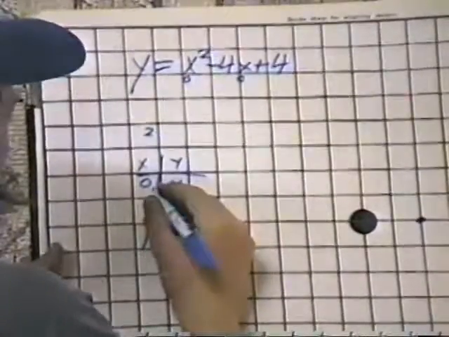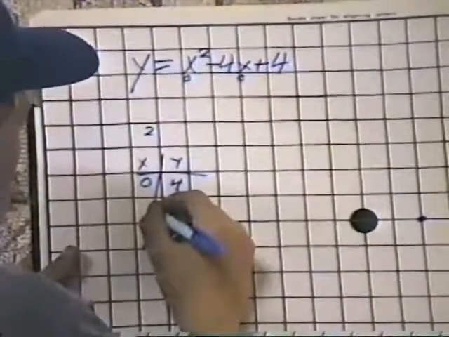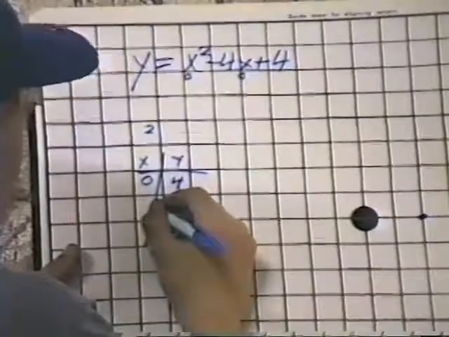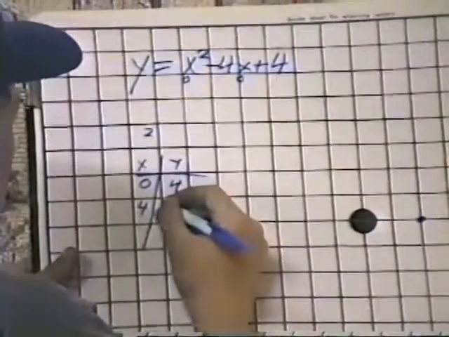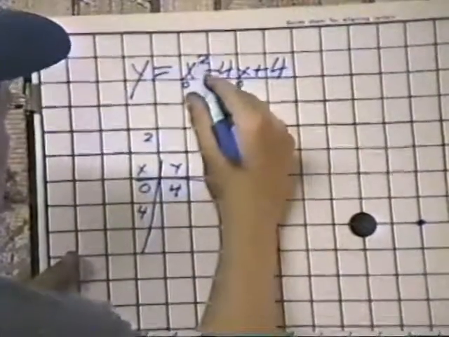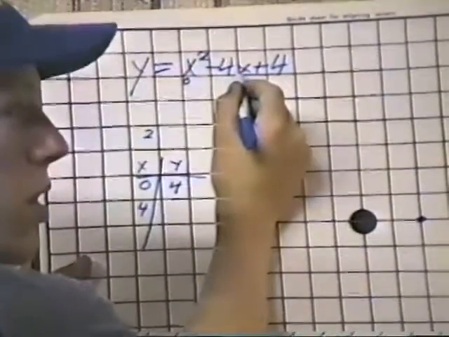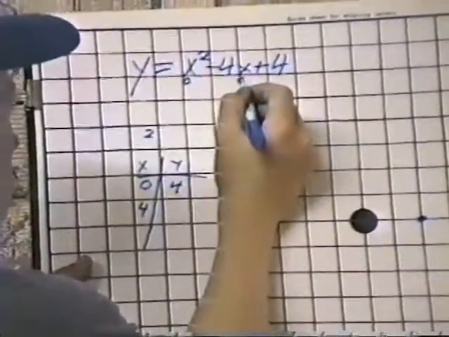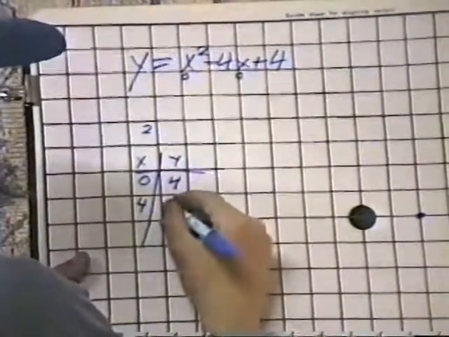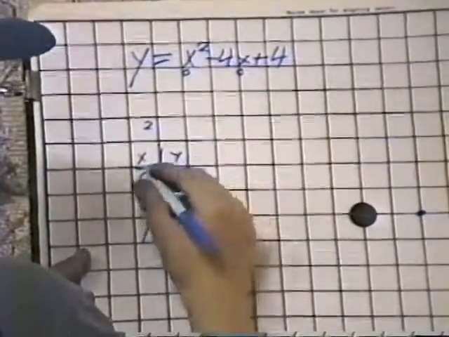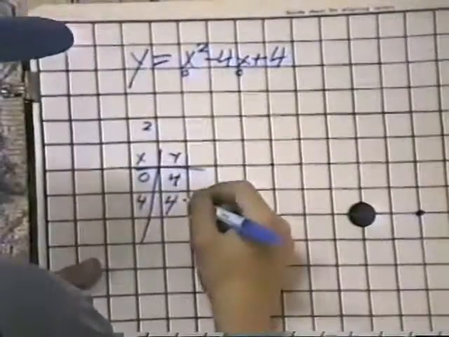And let's see now, when x is 4, 4 squared is 16, minus 4 times 4 is also 16, so that's 0, plus 4 is 4.